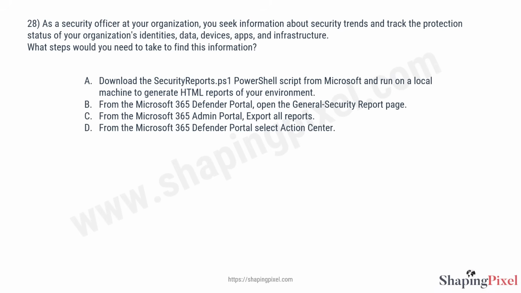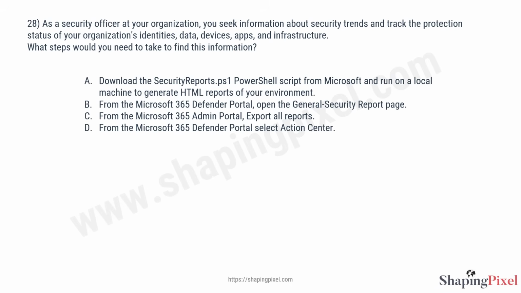Option A, download the security reports.ps1 PowerShell script from Microsoft and run it on a local machine to generate HTML reports of your environment. Option B, from the Microsoft 365 Defender portal, open the General Security Report page. Option C, from the Microsoft 365 admin portal, export all reports.